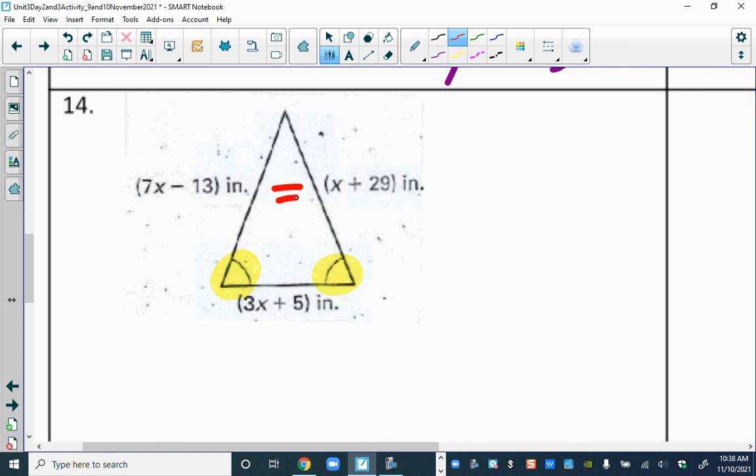That's the most important connection here. So we're just finding x. You're right, Valerie. We do not need that bottom side. Since you have your congruent angles, those two sides are congruent. 7x minus 13, x plus 29. So I want you all to try that one real quick. Give you all a couple minutes to try it. Get the value of x.